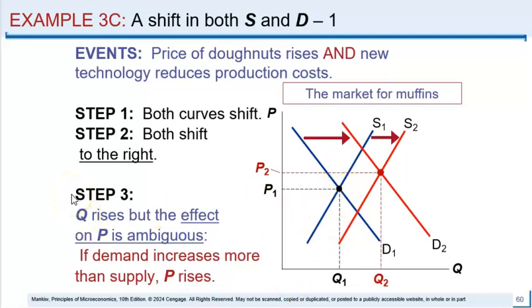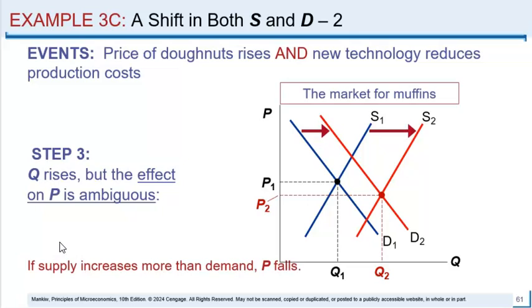So demand shifts from D1 to D2, and supply shifts from S1 to S2. Equilibrium quantity rises, but the effect on price is ambiguous. So if demand increases more than supply, equilibrium price rises.